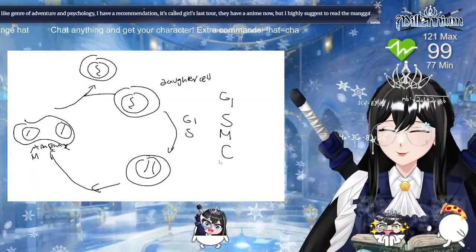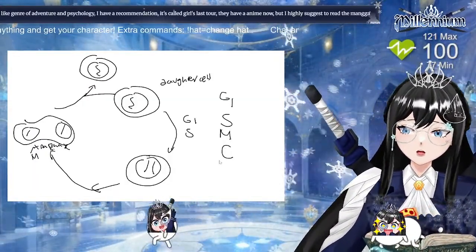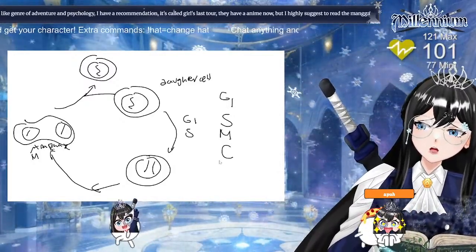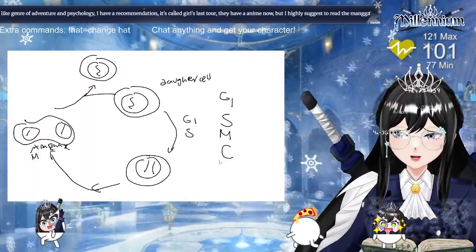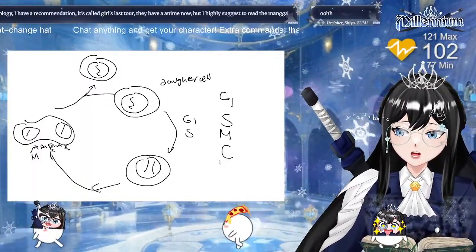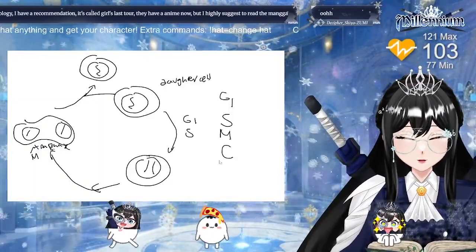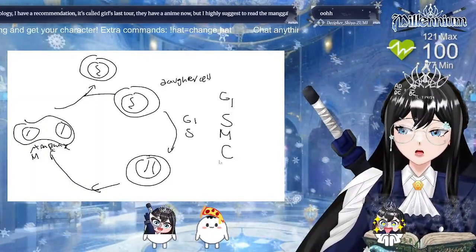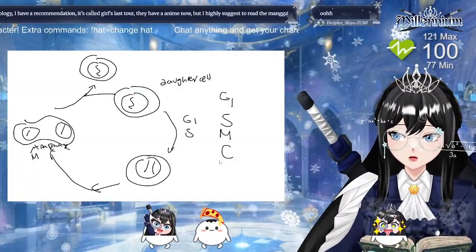No Game No Life is not rom-com, but it's really nice also. And regarding adventure and psychology, like Classroom of the Elite, I finished season 1 and 2. I haven't watched season 3. I did a lot of Naruto, a lot of the Shippuden. I read the manga for the rest of it.